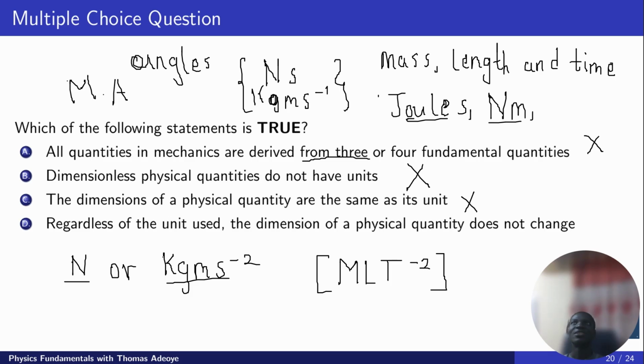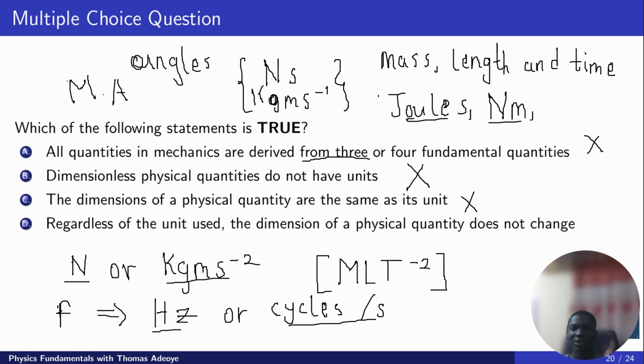Another thing is frequency. Frequency is measured in hertz, and some people prefer cycles per second. So either we use hertz or we use cycles per second, the dimension of frequency remains T to the power minus 1, because cycle in the unit of frequency is dimensionless.